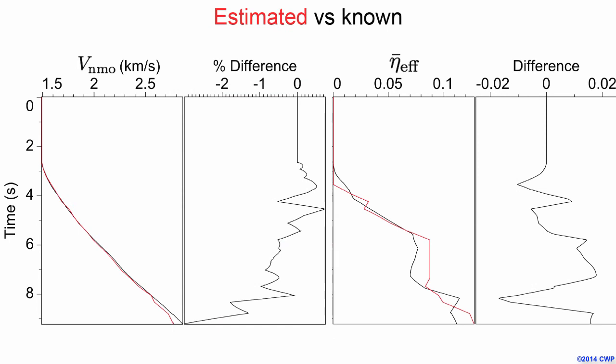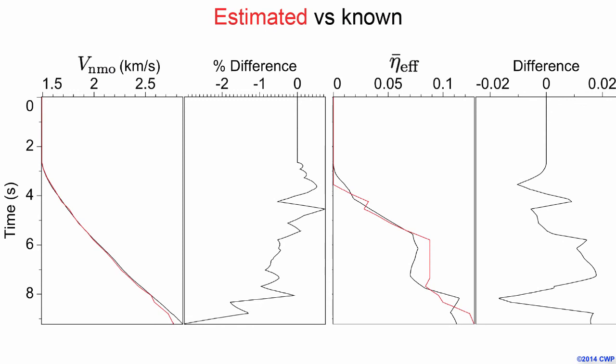So ultimately, we can use this automatic method to quickly and seemingly fairly accurately determine VNMO and eta, and use geophysical constraints to do so.